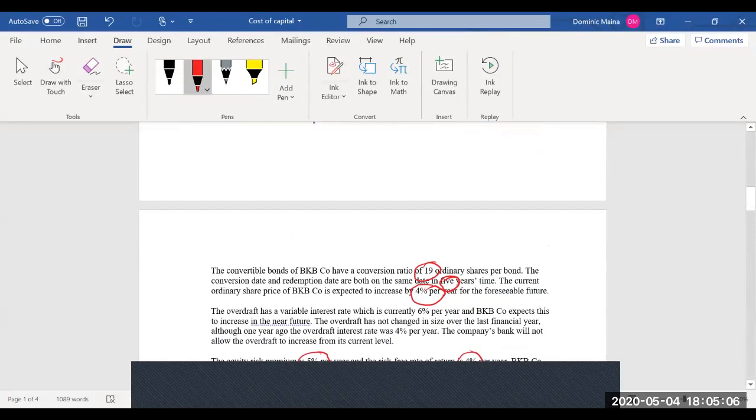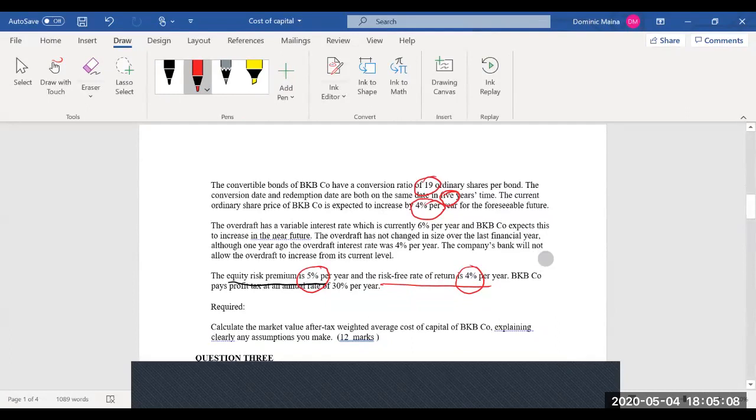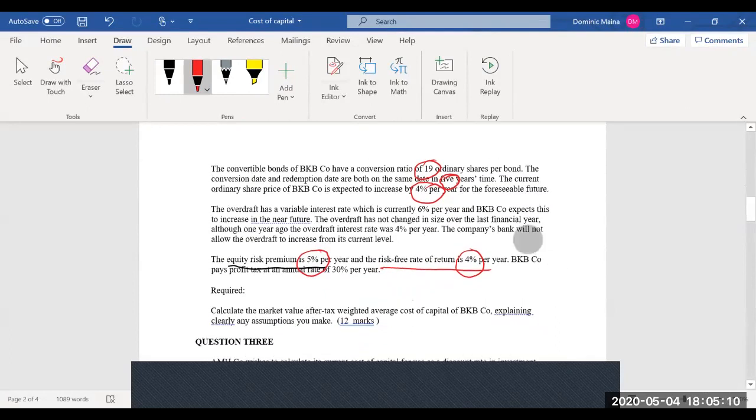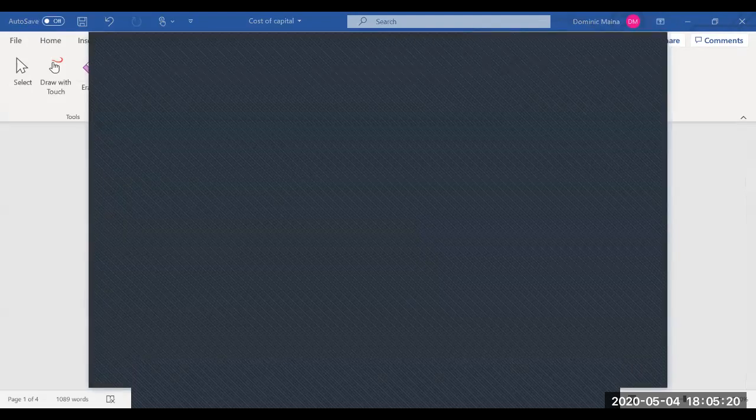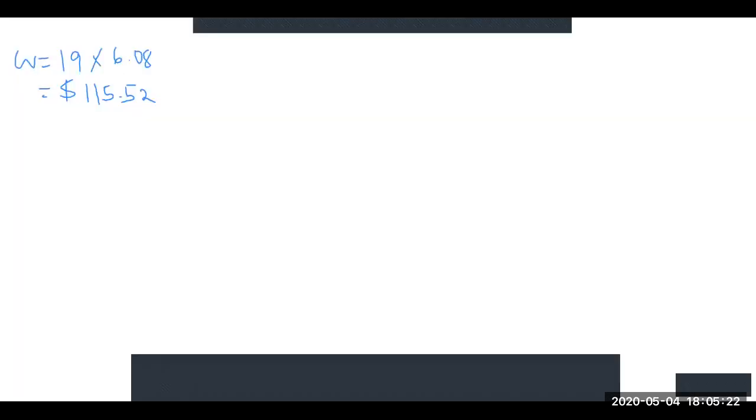So we go back to our assumption. We assume that the redemption occurs at the nominal value, and the nominal value is 100, which is worth putting down as an assumption.